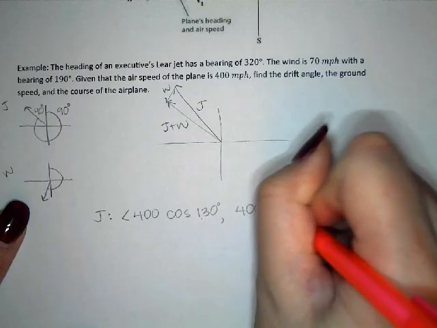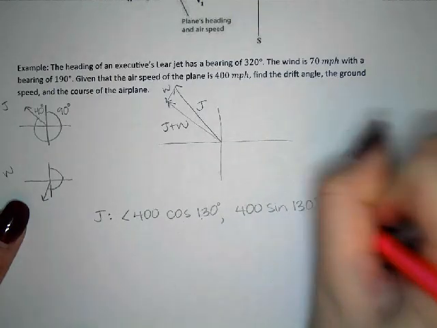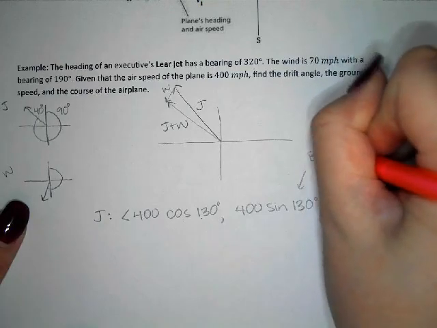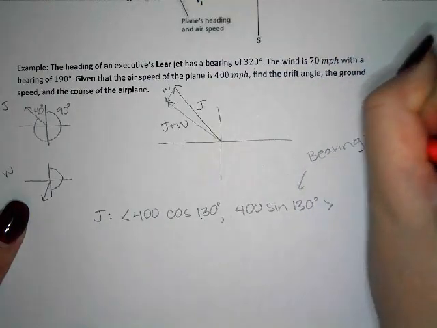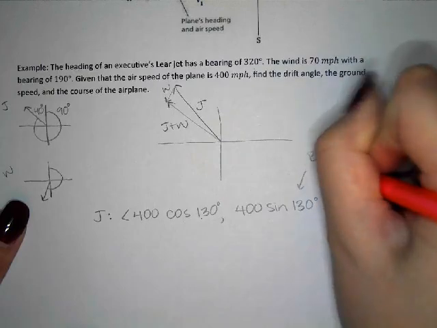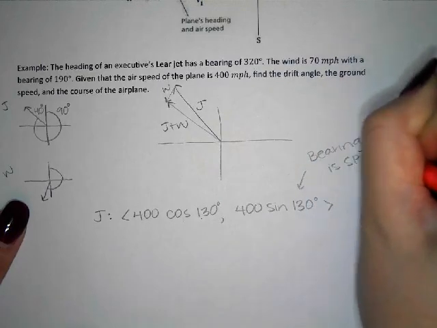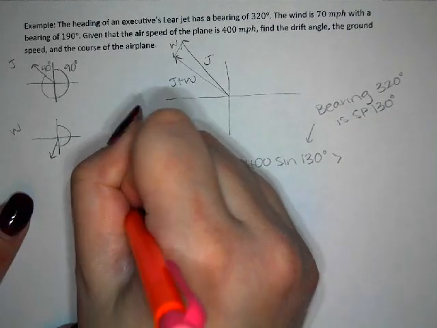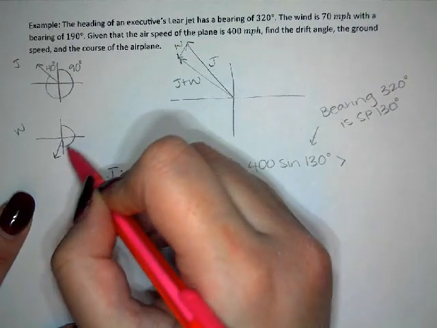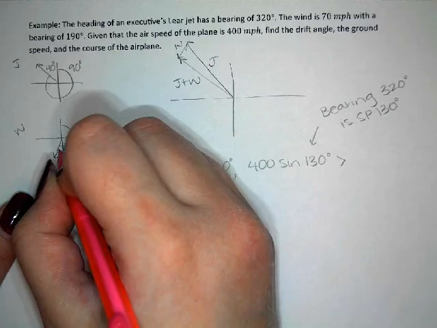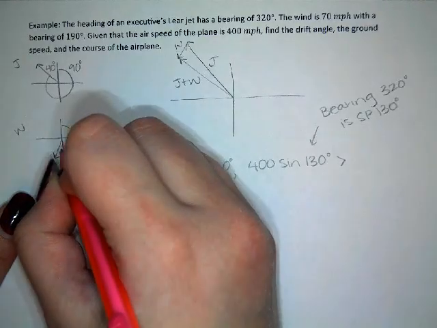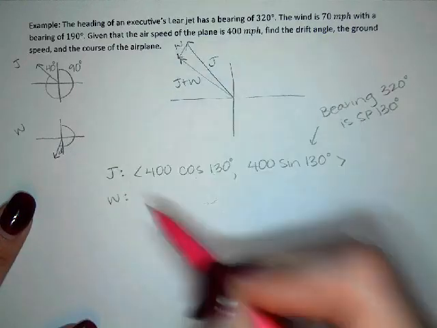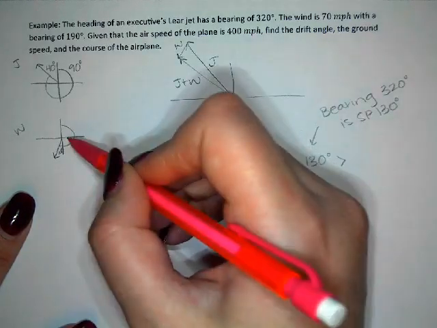Okay, and then for the wind, 190 right here. So I know this is 10 degrees. It was 10 degrees past 180. So if I measure it from standard position, then that would be just 10 degrees less than 270. So for the wind, this would be 70 cos 260, 70 sine 260.